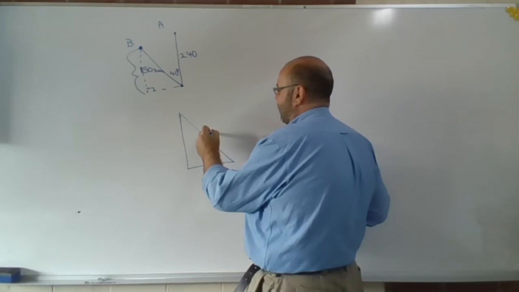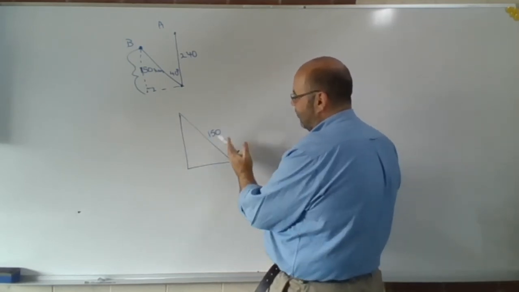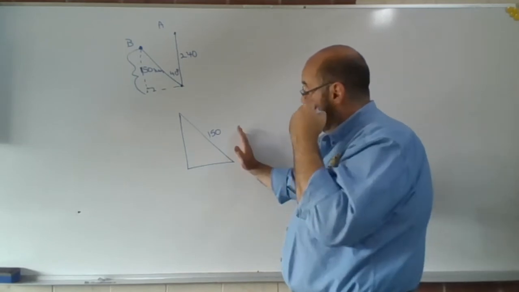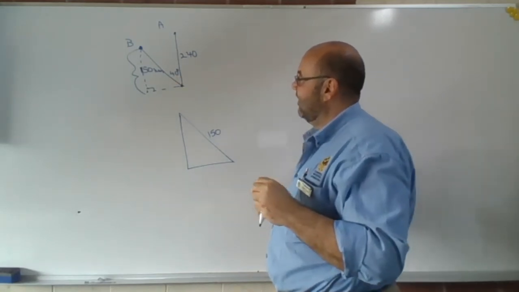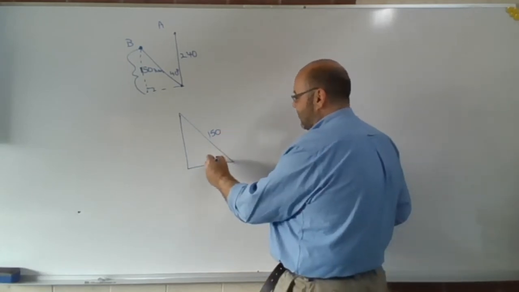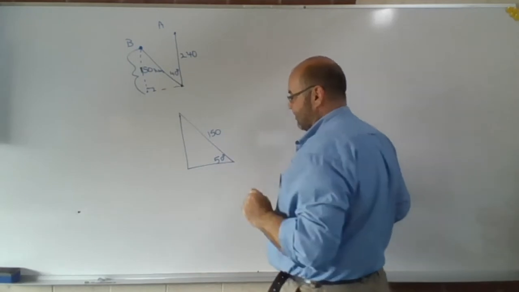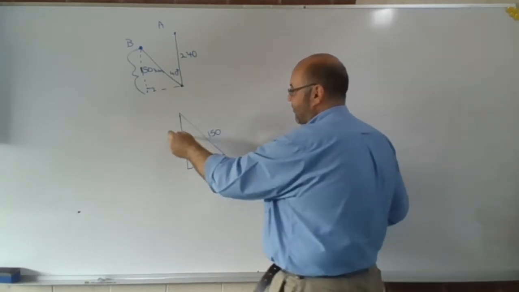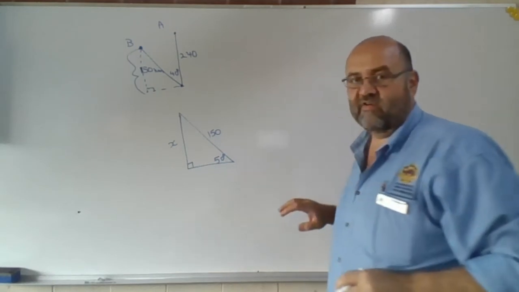So that's 150 kilometres. This angle out here was 40 degrees. If this angle out here was 40 degrees, then the angle inside there is going to be 50 degrees because it's got to add up to 90 degrees. And they want us to find out this distance here, this opposite side of the triangle.